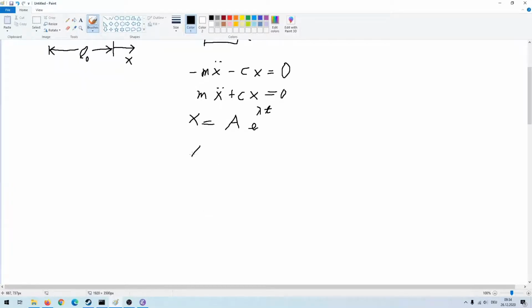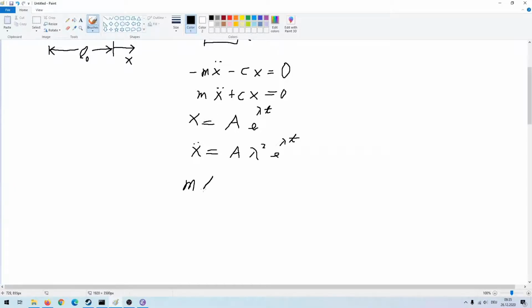That means that x dot dot is a lambda squared e to the power of lambda t. So now that we have the two functions, we can just insert them into our original equation.